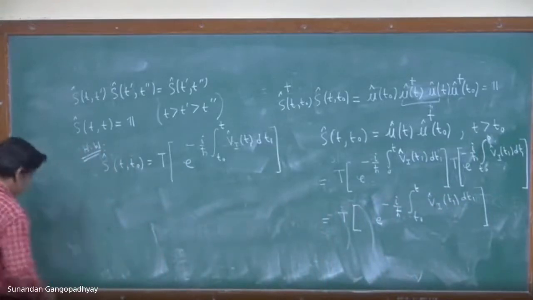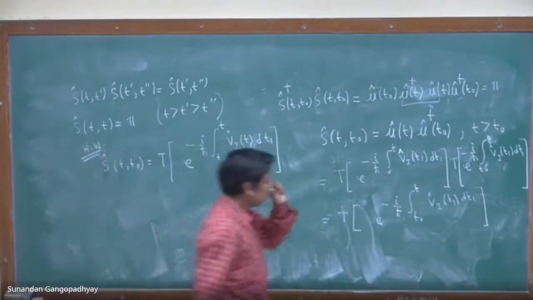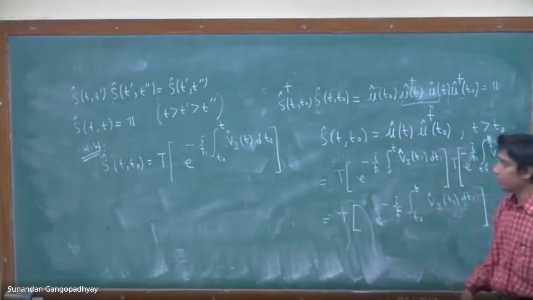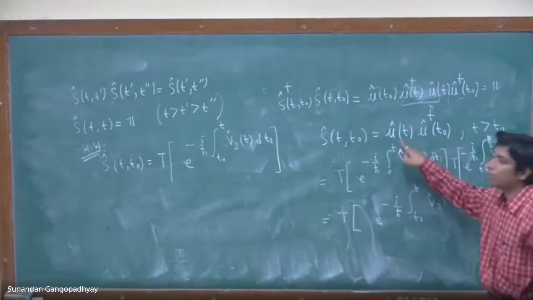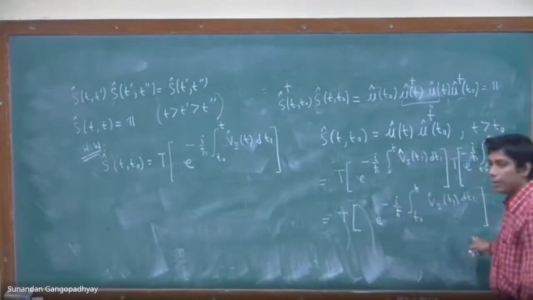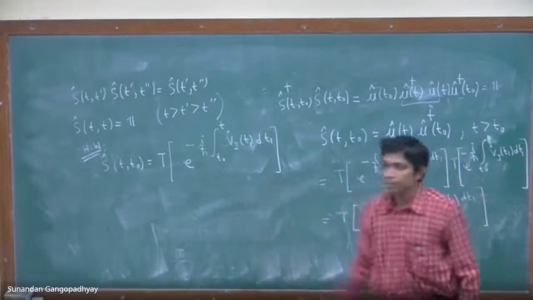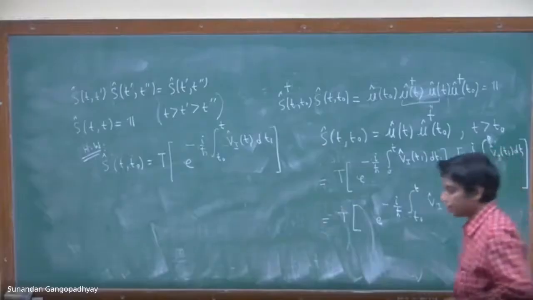Does that answer your question? You wanted to get this without solving the differential equation, just by putting in the values of U hat t. So we have put in the values of U hat t and proved that S hat t comma t naught is indeed this. Okay? Good.